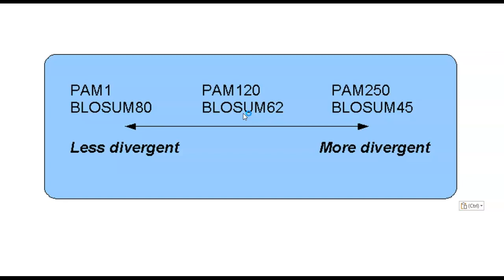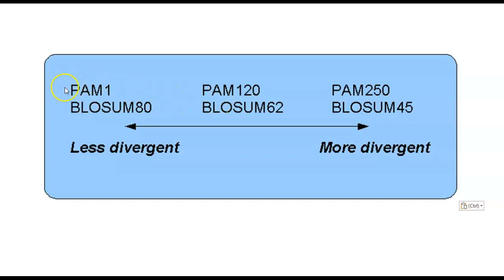And so again, the relationship between the two: if you have two sequences that are closely related, a higher BLOSUM matrix would be good, like a BLOSUM 80. On the converse, you could also use a low PAM matrix, such as PAM1.